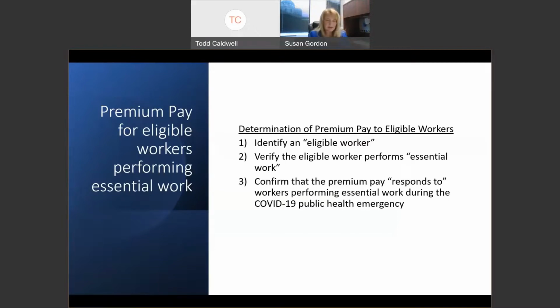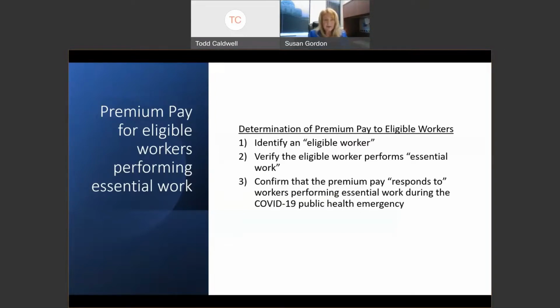And Treasury has a list of those corresponding incomes. The second one is if that worker is non-exempt from the Fair Labor Standards Act. So if the person's wage is either below that threshold or they're non-exempt from the Fair Labor Standards Act, then they're going to be a worker that is considered for premium pay.